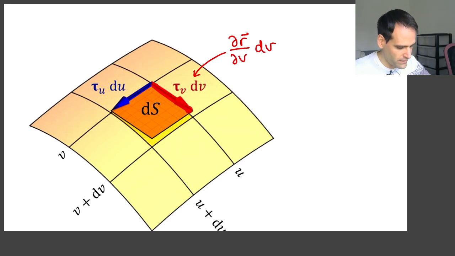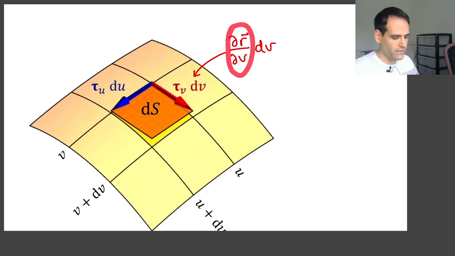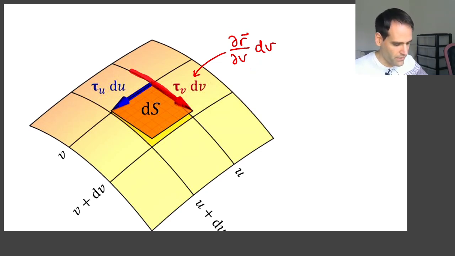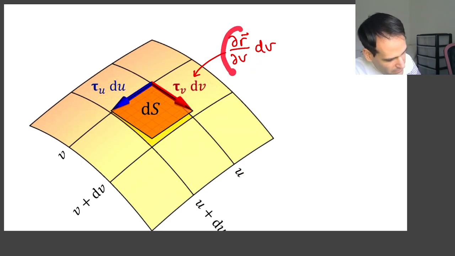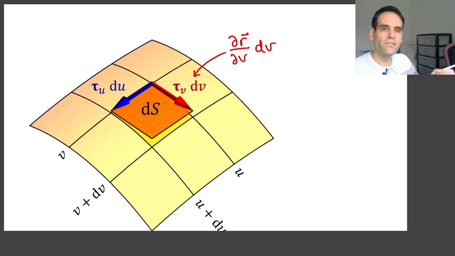So it's a vector that is in the direction of this red vector, okay? But the length of this vector tells us about the rate of change of the position as we are increasing the variable v. So this means that if we multiply the rate of change times dv, we are obviously going to get how much we move along this direction when we increase v by an amount dv, right?